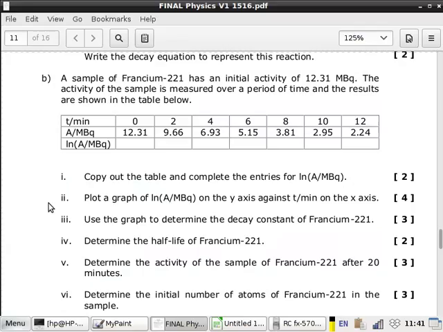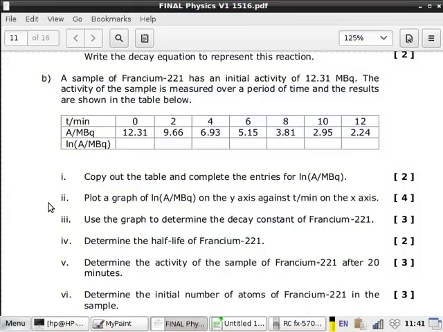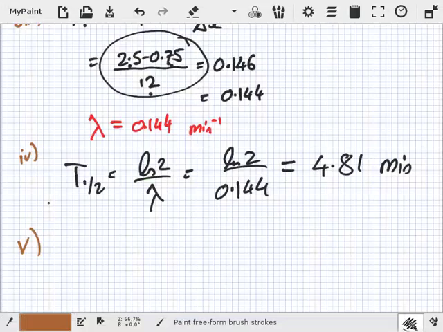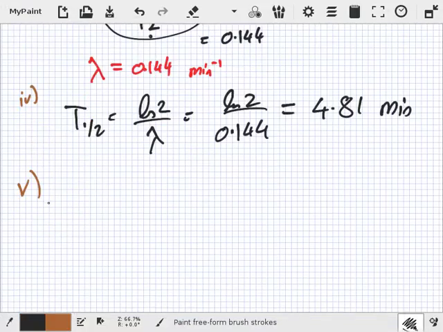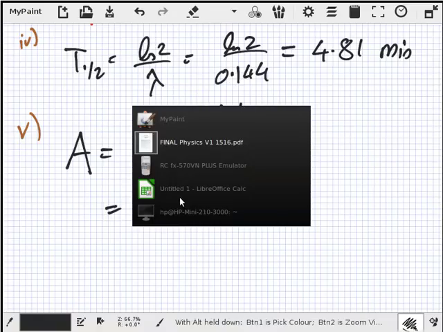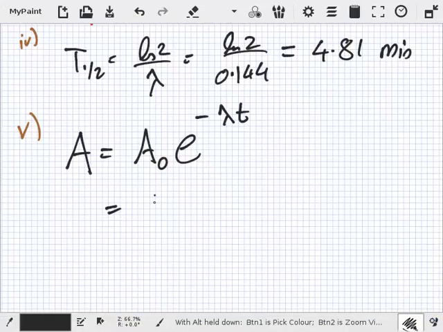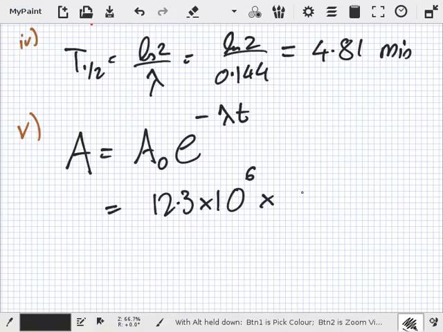Do you know why it's minutes? What's the activity after 20 minutes? Now we have to use our formula: A equals A0 E minus lambda T. What's the A0? It's something like 12.31 mega. Can our answer just be in mega? Yeah, it's the same.